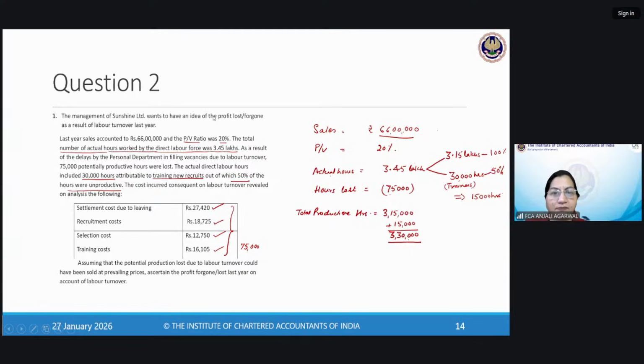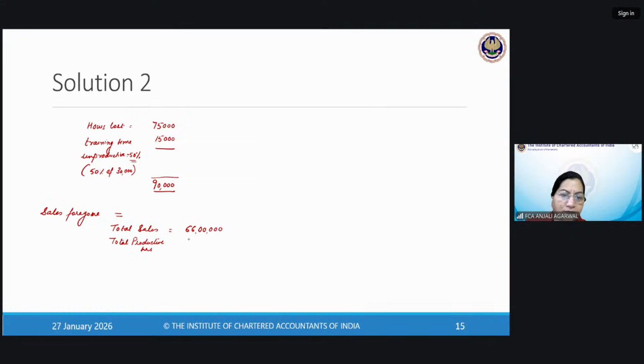Prevailing price, I'll come on to that. 66 lakh of sales achieved in 3 lakh 30,000. Therefore, sale per hour: 66 lakh divided by 3 lakh 30,000. Okay. So it is 20 rupee per hour.